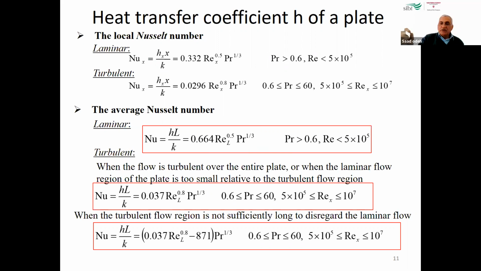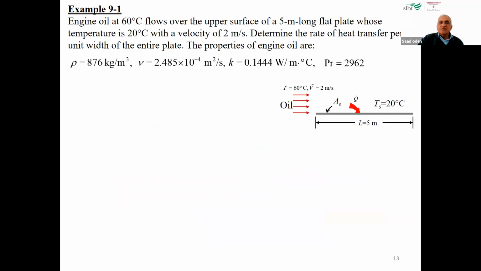Okay, thank you. All right, so we go to this example now. We have a plate, a surface you can see here, and there is hot oil going over this surface. Let's say this is a heat exchanger, for example. We have hot oil, we want to heat a space.